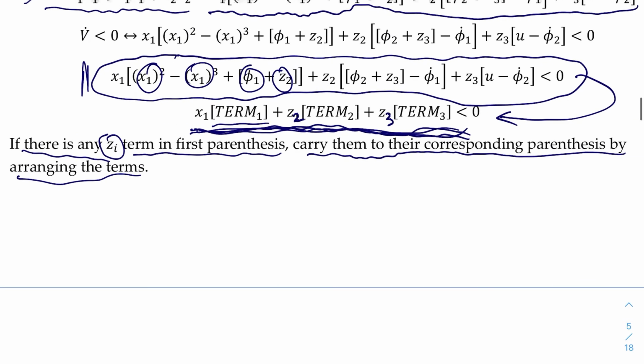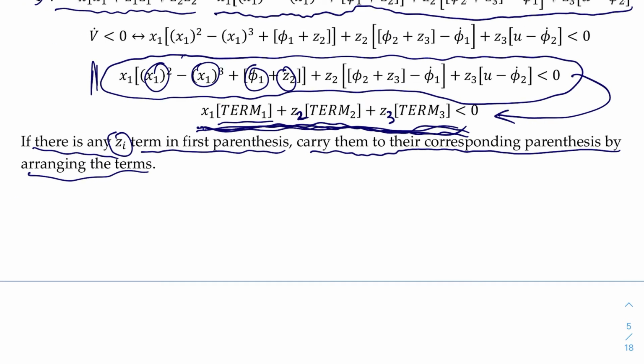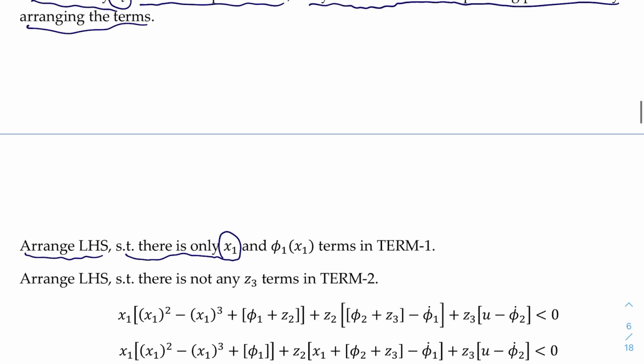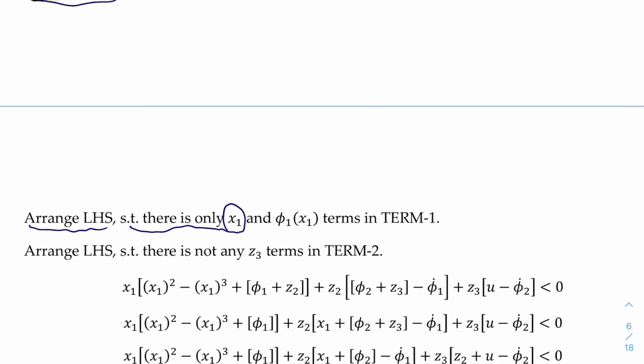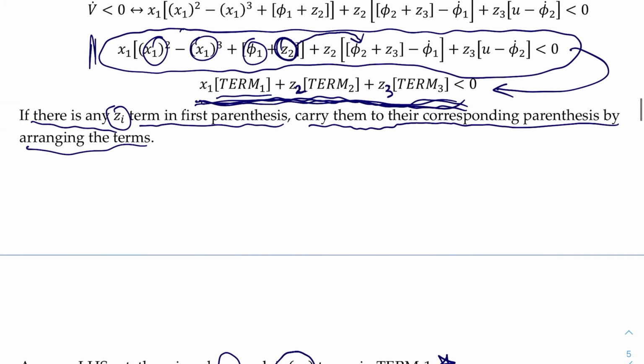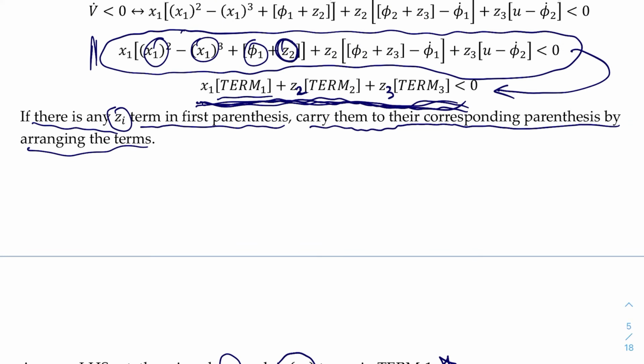I hope this error won't propagate. And yeah, we need to get this z2 here. You just put it, not hard. It doesn't propagate, I'm glad. This is the first rule. And arrange the left hand side such that there are no z3 terms in term 2. Let's look at this.